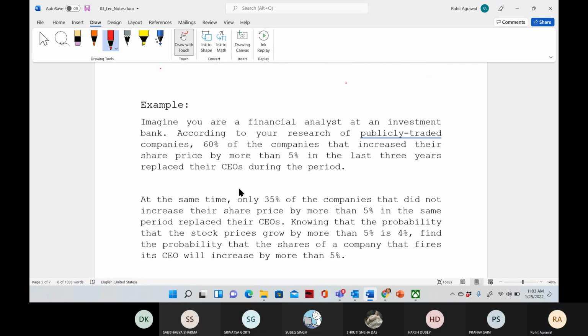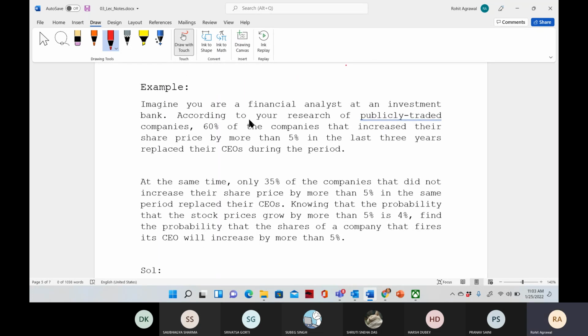ठीक है, सो नाउ द क्वेश्चन इज, इमेजिन यू आर अ फाइनेंशियल एनालिस्ट एट अ पब्लिक, जैसे कि मैंने इन द स्टार्ट बताया था कि दिस विल बी यूज इन फाइनेंस एज वेल, ठीक है. So according to your research of publicly traded companies, ठीक है, 60% of the companies that increased their share price by more than 5% in the last 3 years, ठीक है.